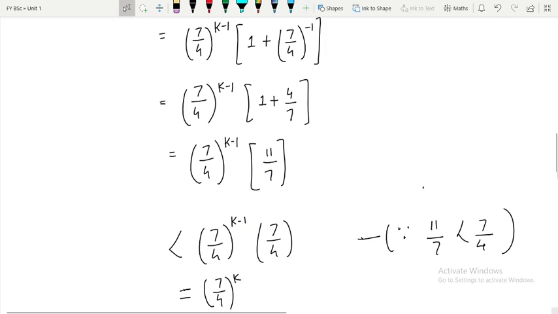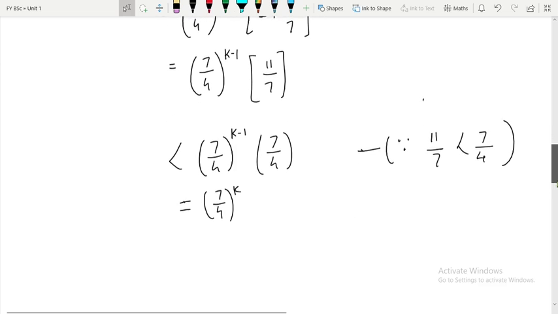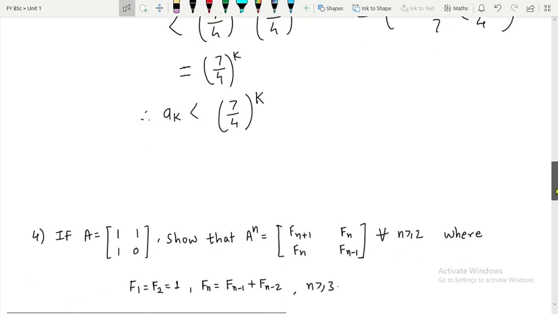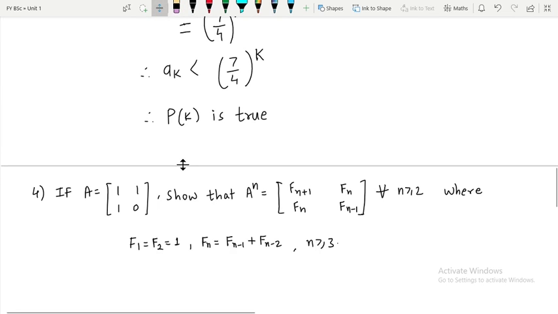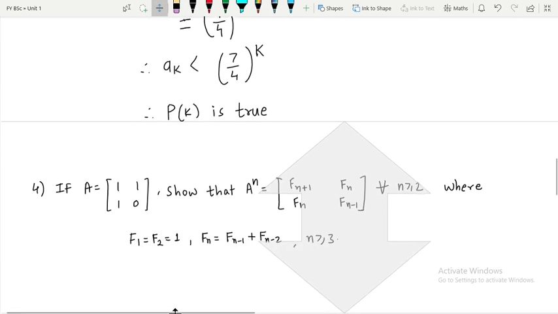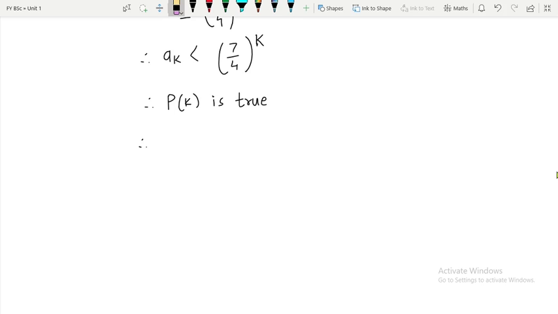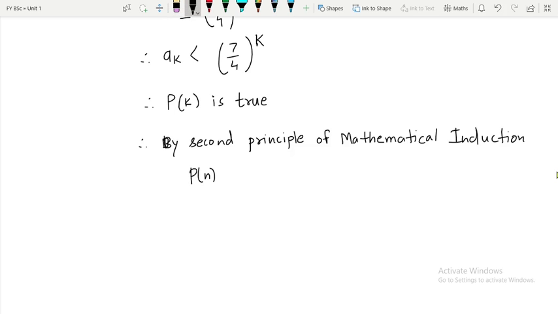I hope you are getting it. And this is further equal to 7/4 raised to k, and therefore a_k is less than 7/4 raised to k. That is what we wanted to prove. Therefore, P of k is true. And therefore, by the first principle of mathematical induction, we can say that P of n is true. Therefore, by the second principle of mathematical induction, P of n is true for all n greater than or equal to 1.